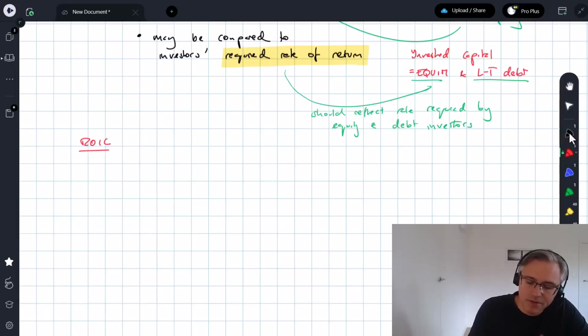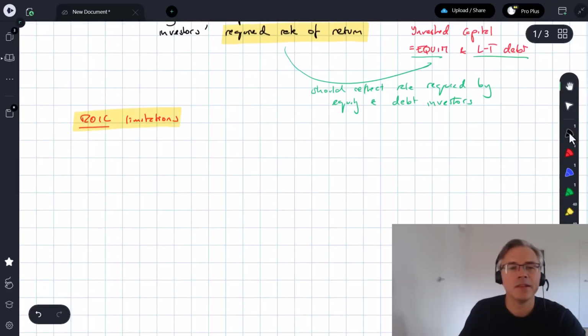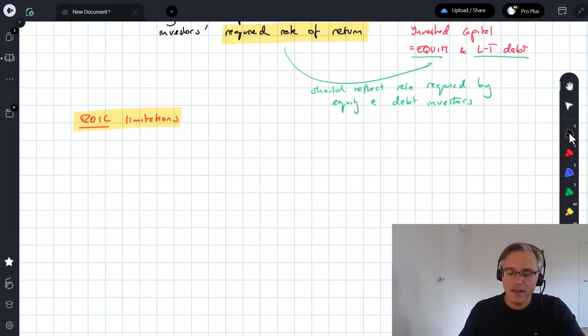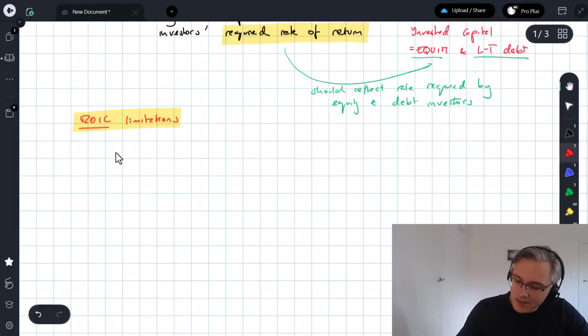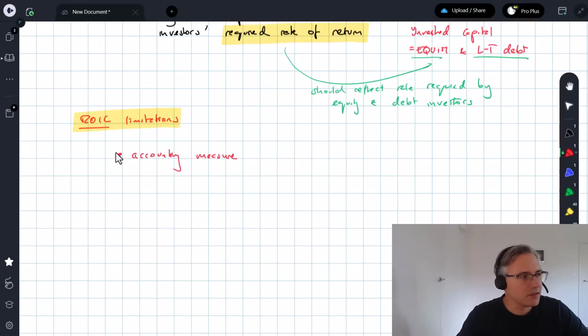What about some limitations of this measure? Right, you have to know these as well, and there are fewer limitations than there were benefits. First of all, it's an accounting measure. So it's based on accounting numbers, and you know how accounting numbers are subject to various smoothing exercises, non-cash expenses appearing like depreciation, for example.